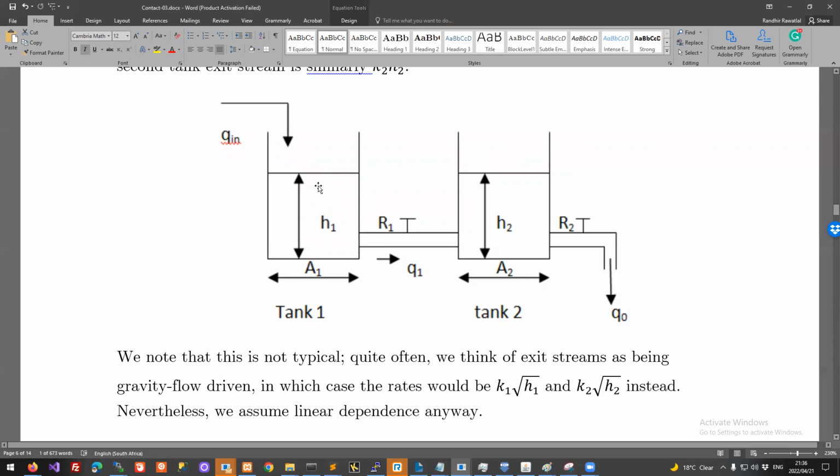So you are going to get a response where this level is increasing, and it will take some time to increase to a new steady state. While it's increasing here, this system here is also going to experience an increase, so your inlet flow rate here will start going up.